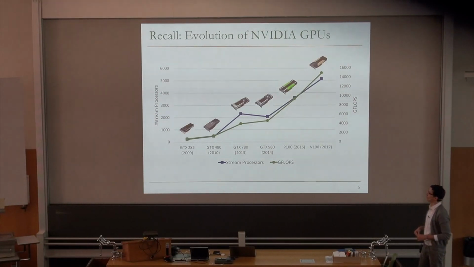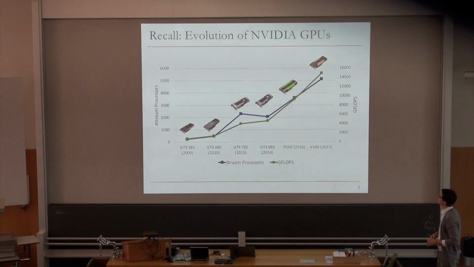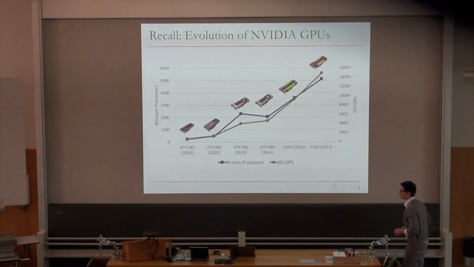There has been an exponential increase in the performance and peak performance of GPUs from 2009 to 2017 with the V100. As you can see in the slide, the peak bandwidth has increased by more than 15 times, so it's quite impressive.